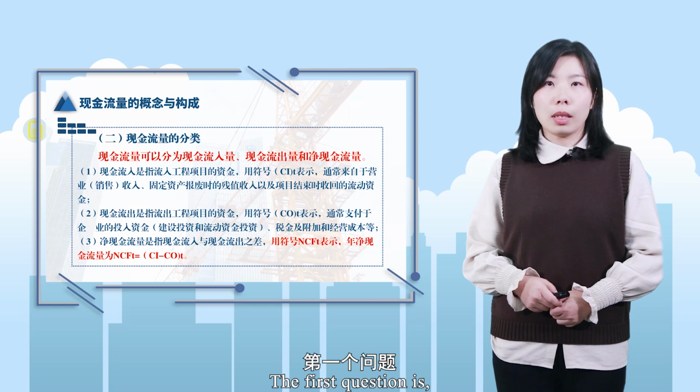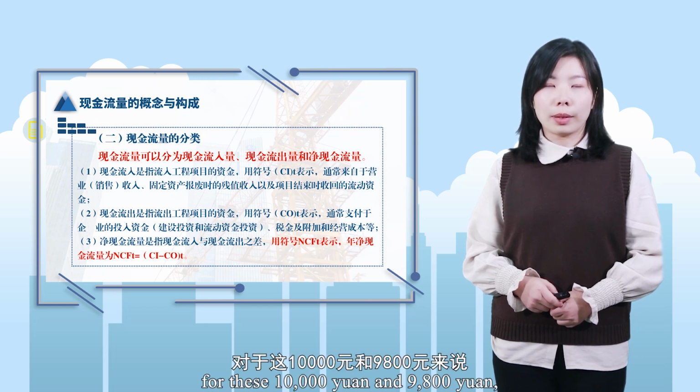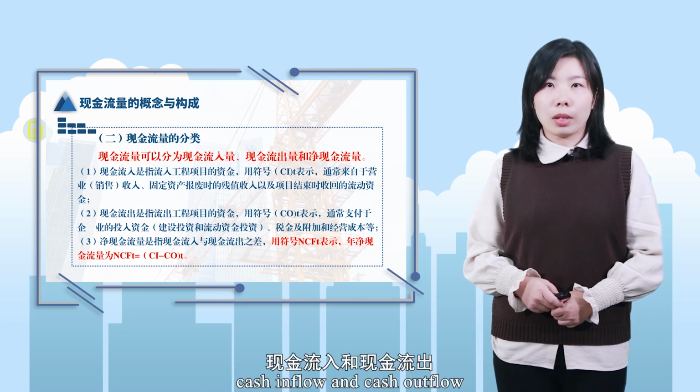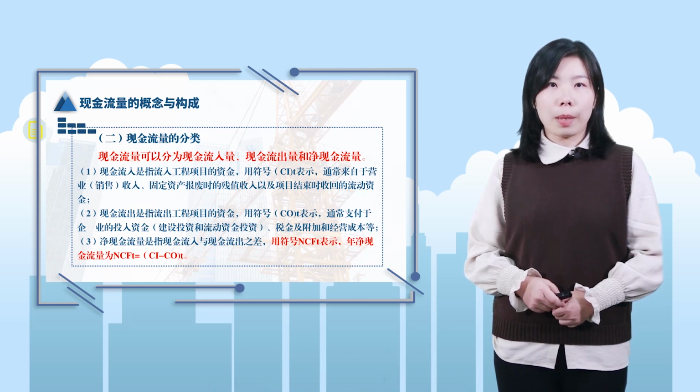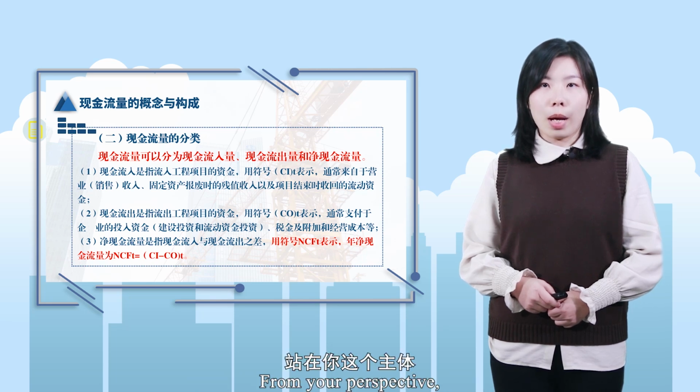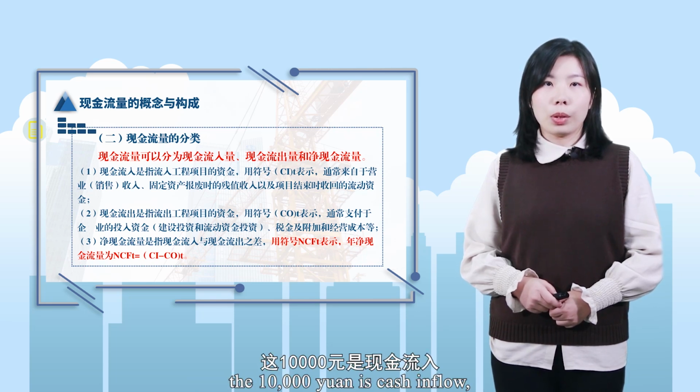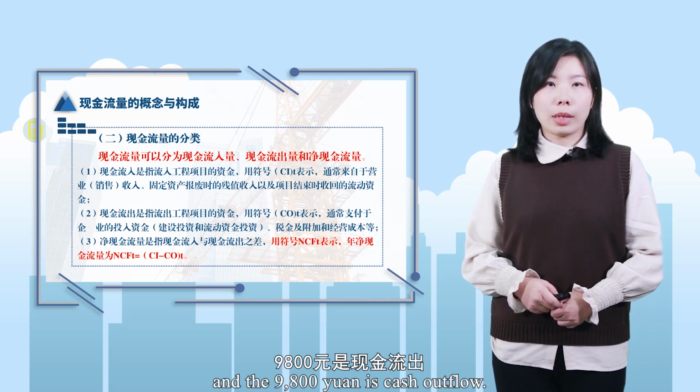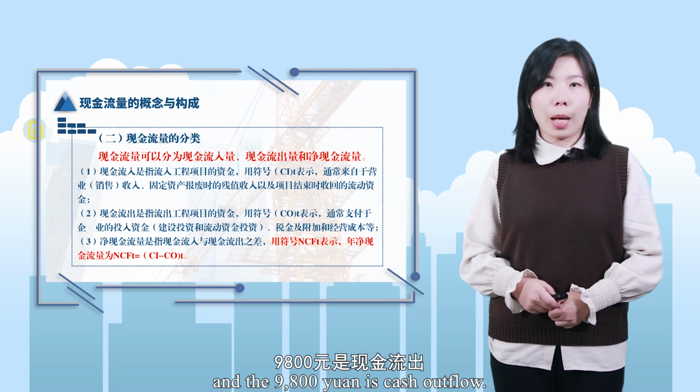The first question is, for these 10,000 yuan and 9,800 yuan, cash inflow and cash outflow need to be viewed from a specific entity. From your perspective, the 10,000 yuan is cash inflow, and the 9,800 yuan is cash outflow.